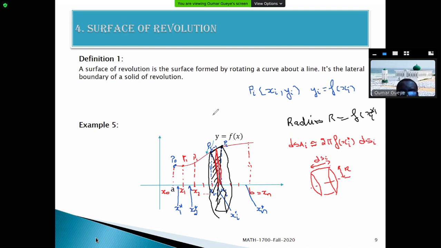And in order to get the total surface area, it is going to be equal to the sum of these small surface areas, the dSAi, where i is going from the first portion, the portion joining P0 and P1, to the last portion, n, joining Pn minus 1 and Pn. And this is an approximation of the surface area.